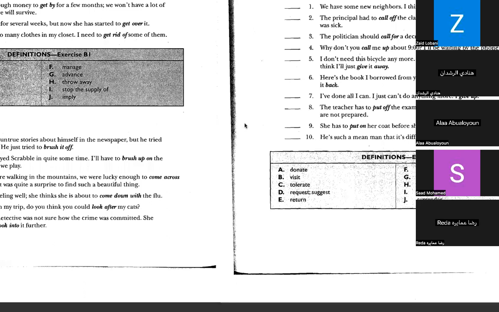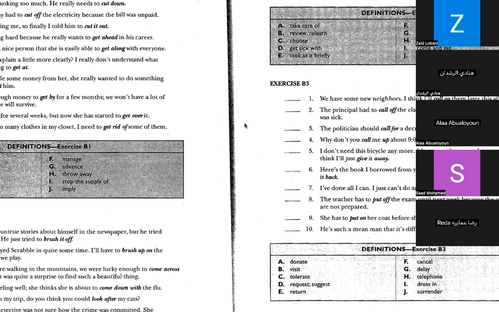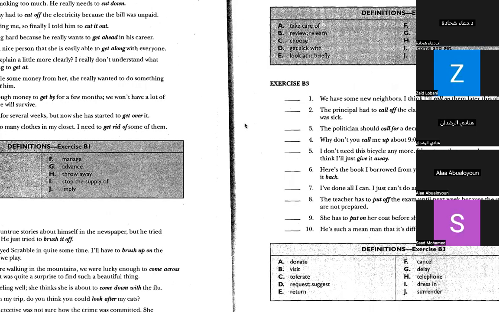What does it mean? Ignore it. Yes, it could be ignore. The options: take care of, review, choose, get sick with, look at it briefly, investigate, come and get, unexpectedly find, not let it have an effect or bother. Okay, look at it briefly. How about this one?